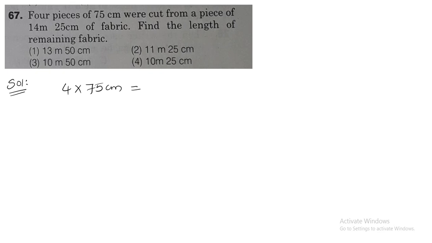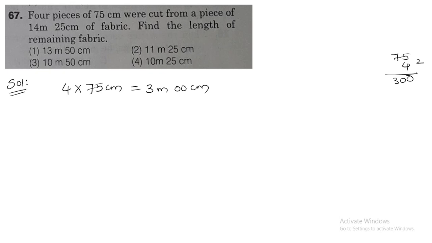So 4 into 75 is how much? 5 4s are 20, so 2 is carried, 7 4s are 28, 30. So this is nothing but 3 meters 00 centimeters.